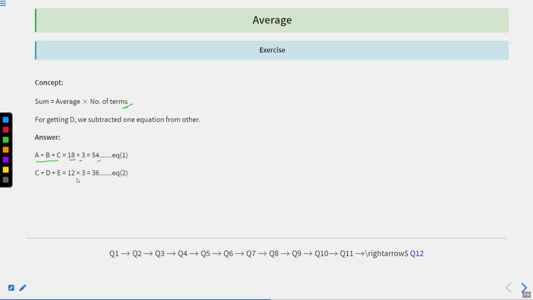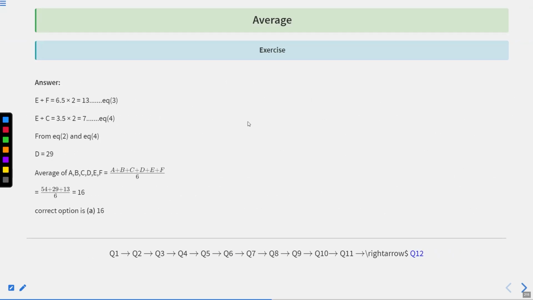C plus D plus E equals 12 times 3, that is 36, equation number 2. E plus F equals 6.5 times 2, that is 13, equation number 3. And E plus C equals 3.5 times 2 equals 7, equation number 4.